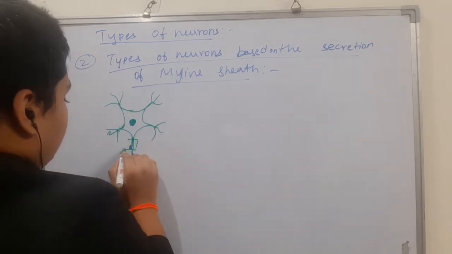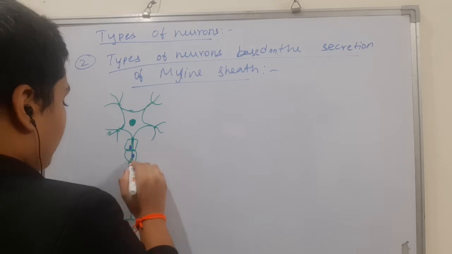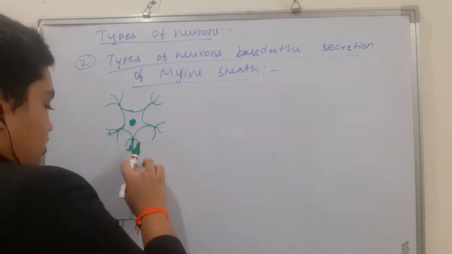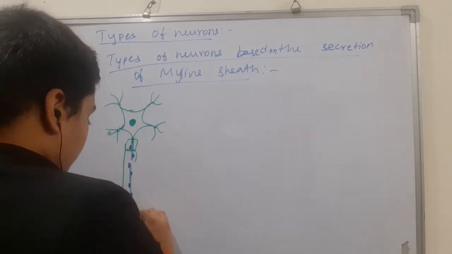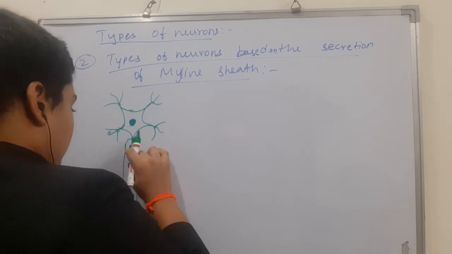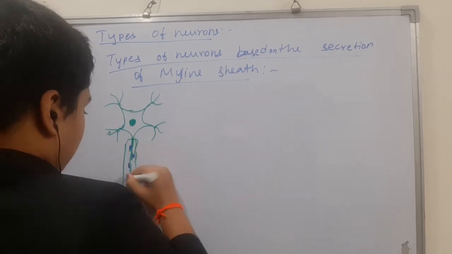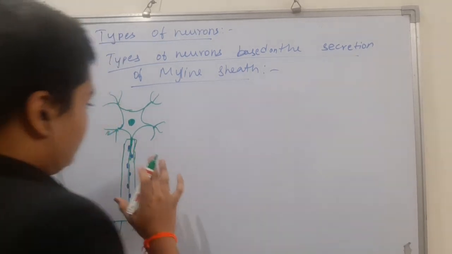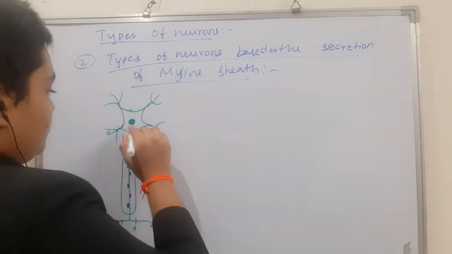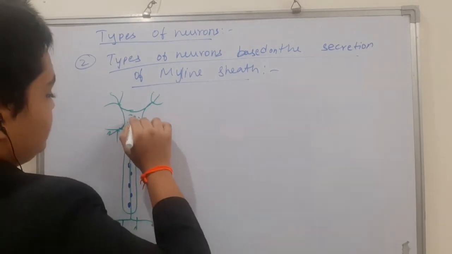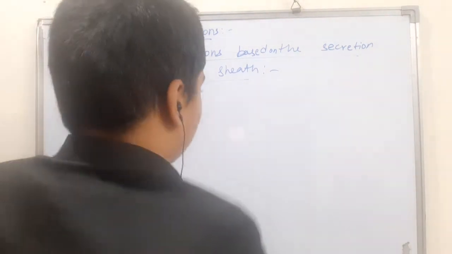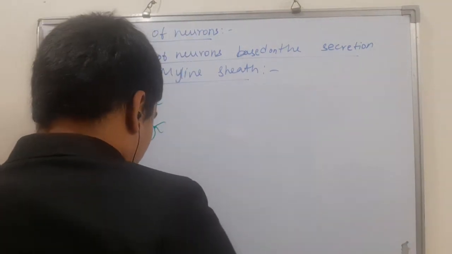I am not showing you the discontinuous myelin sheath. I will just draw the continuous one. Okay, this is one type of neuron. Now let me draw you the second type of neuron.